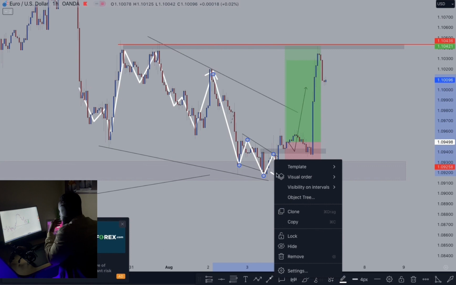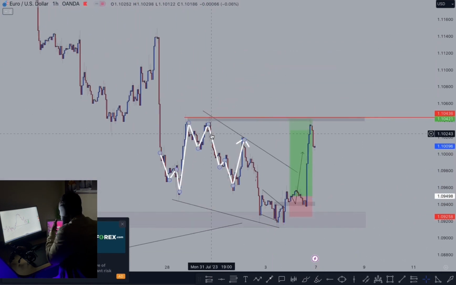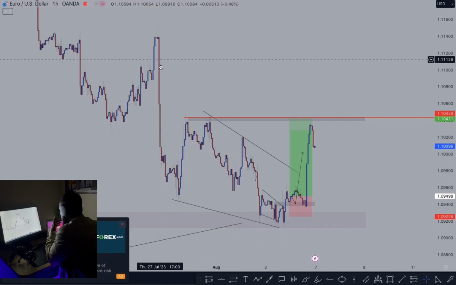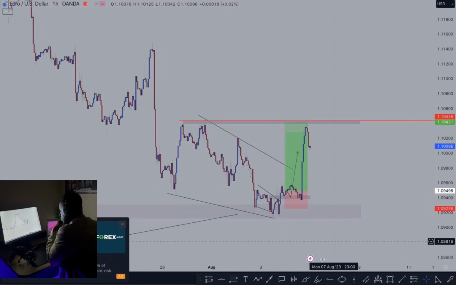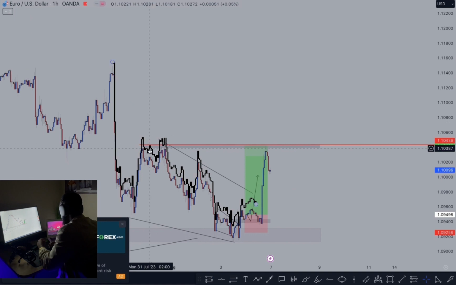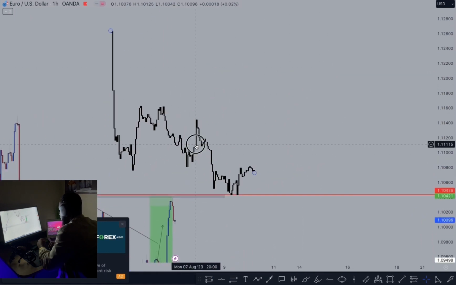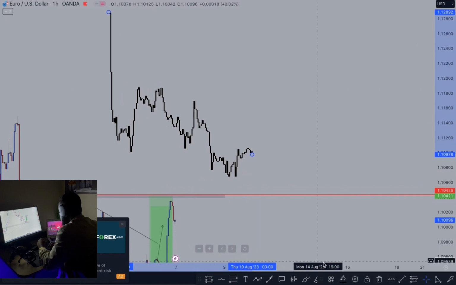Also, understanding patterns. If you look at this structure, we have this impulsive phase, we have this nice correction, and this is also a falling wedge pattern, right? So I'm just going to cut this off and show you properly. We have this structure right here. If I bring it right here, we have this nice impulsive phase, and we have the correction phase.